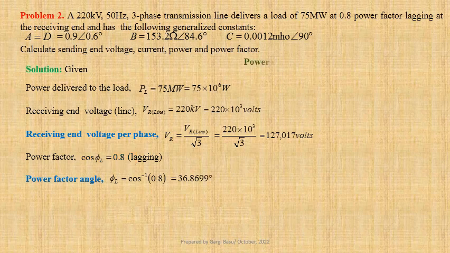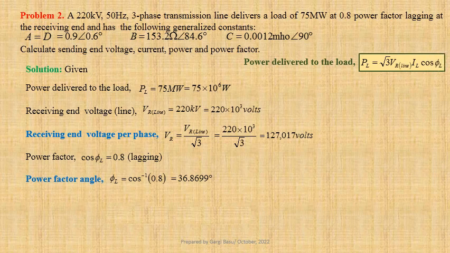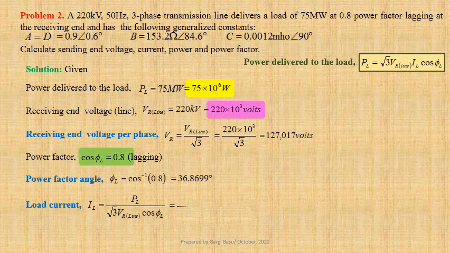Expression for power delivered to the load PL equals root 3 times VR line into IL cos phi L. Therefore, load current IL equals PL divided by root 3 times VR line into cos phi L. Using values we get 75 into 10 to the power 6 divided by root 3 into 220 into 10 to the power 3 into 0.8, that is equal to 246 ampere.